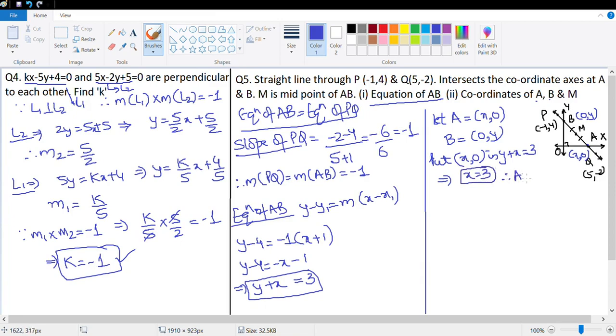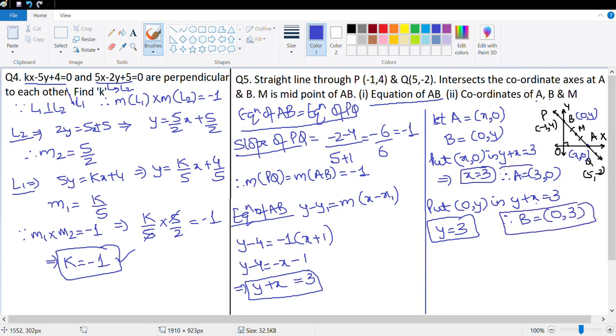Therefore, A is (3, 0). Similarly, put (0, y) in y plus x is equal to 3. x is 0, which means y is equal to 3. Therefore, B will be (0, 3).